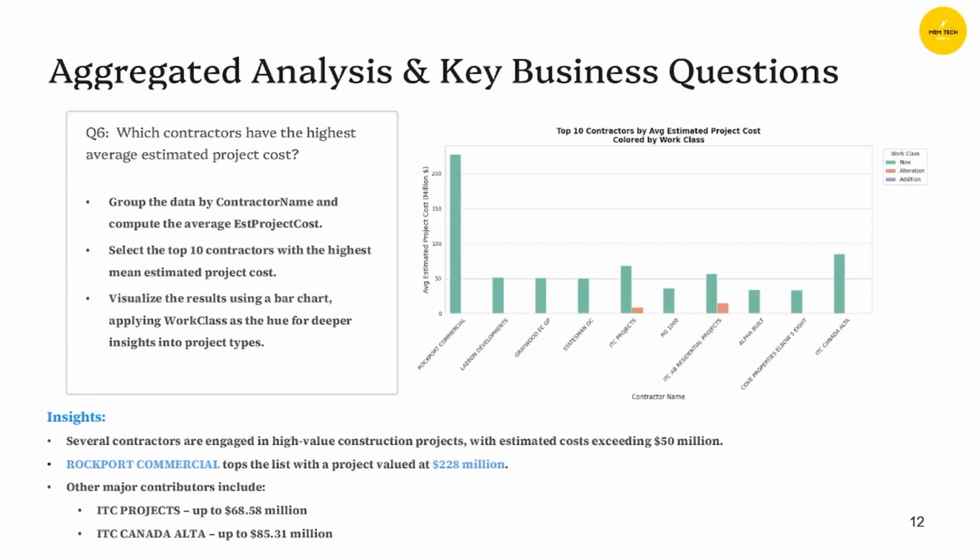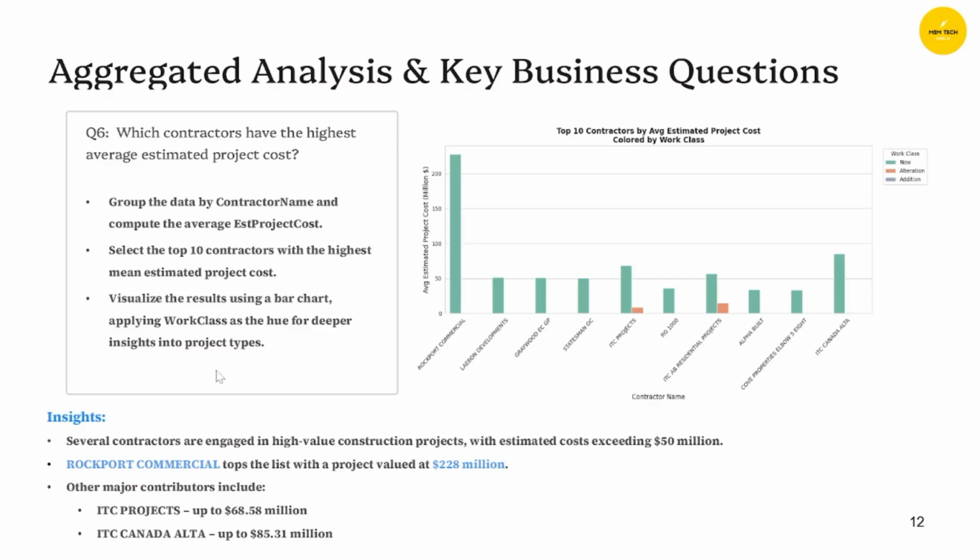The next question is which contractors have the highest average estimated project cost so far. From the visualization, it is visible that Rockport Commercial tops the list with a project cost value of 228 million, and other major contributors are there, like ITC Projects at 68.58 million.